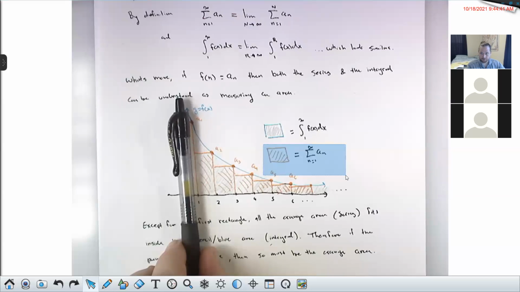And the neat observation is that all that orange area fits inside all of the pencil area. So if this is finite, then this must be finite. That's the logic. If the integral converges, then the series must also converge.